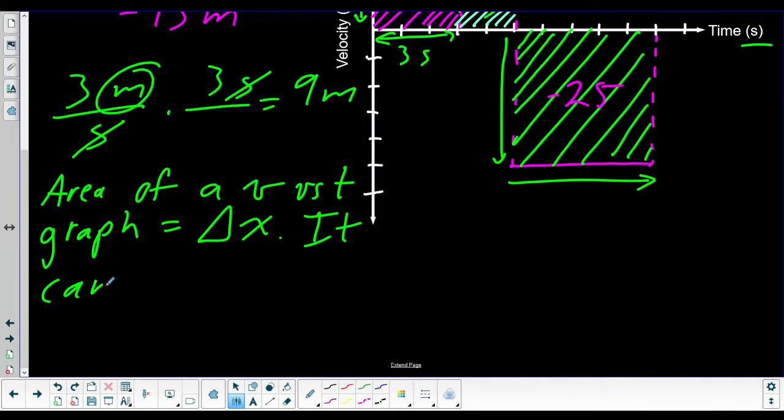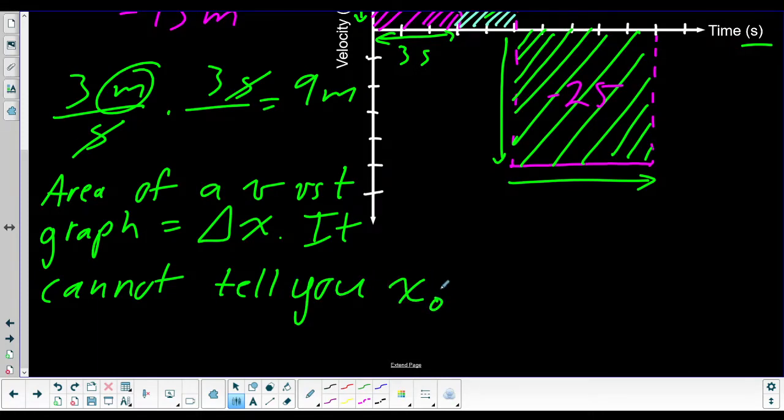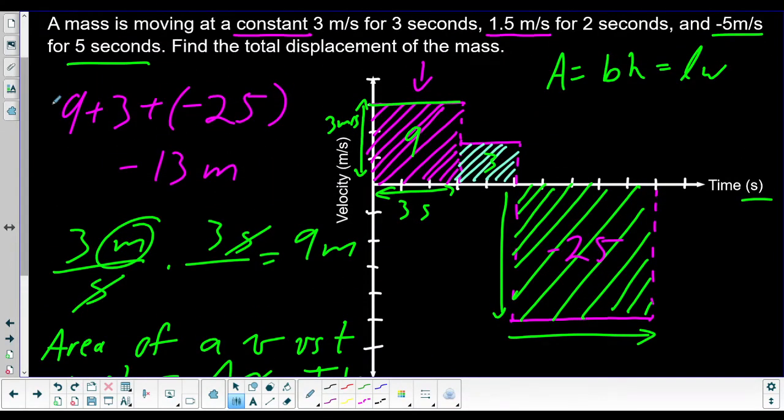It cannot tell you X initial. So if I say we're going 3 meters per second for 3 seconds, that tells me that we're going to go 9 meters. In no way does that tell me where we started from or where we end up. All it tells me is that during these 3 seconds, I have gone 9 meters. So it tells us displacement. It does not carry any information about your starting position, though.